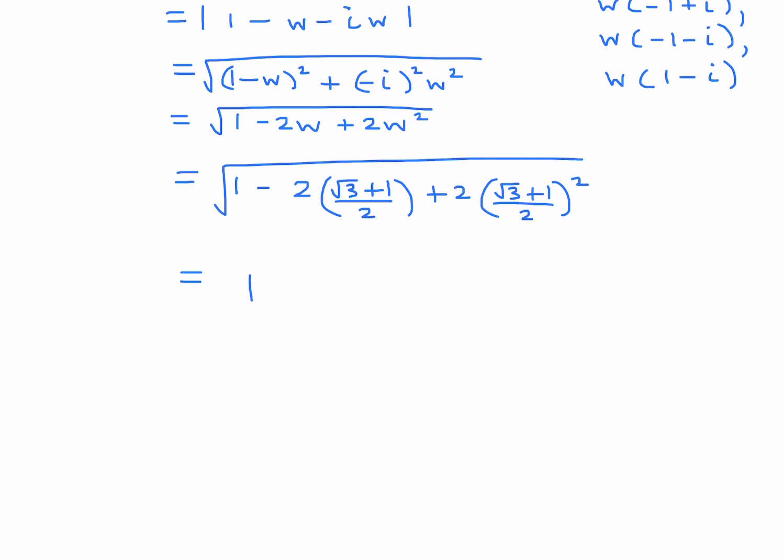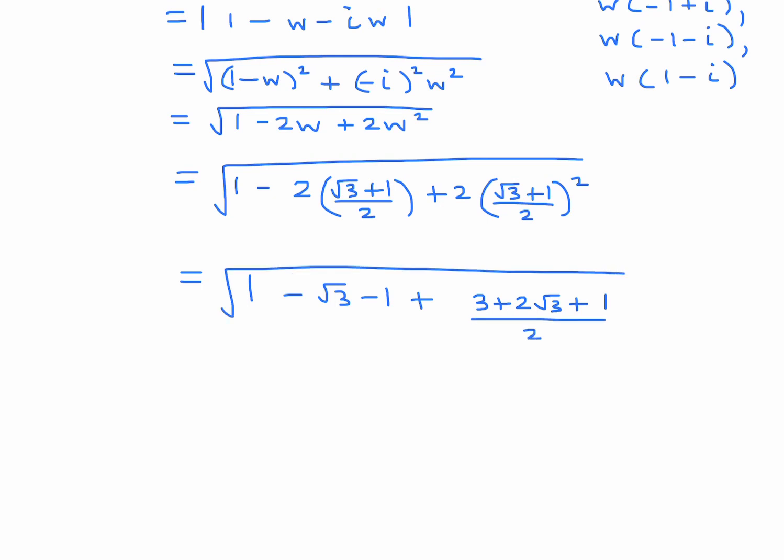So this just becomes minus root 3 minus 1. And then this is going to be just the expansion. 3 plus 2 root 3 plus 1. And that's going to be over 4, but this 2 would make it a half, like that. And all under the square root sign.